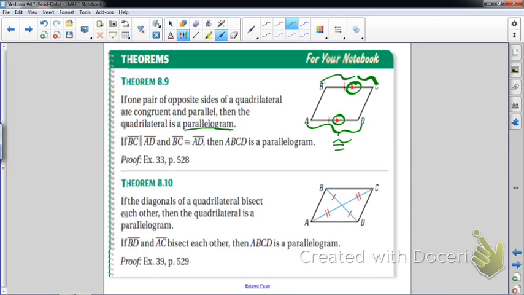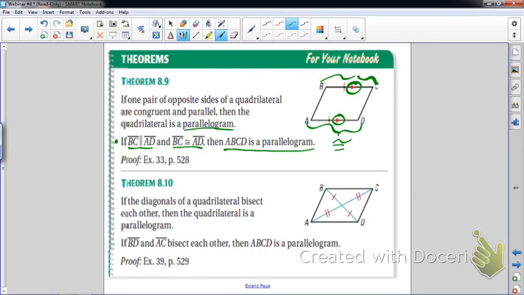So let me go ahead and read it. If line segment BC is parallel to AD, and we also know that BC is congruent to AD, then ABCD is a parallelogram. So here's another way to prove what a parallelogram is.